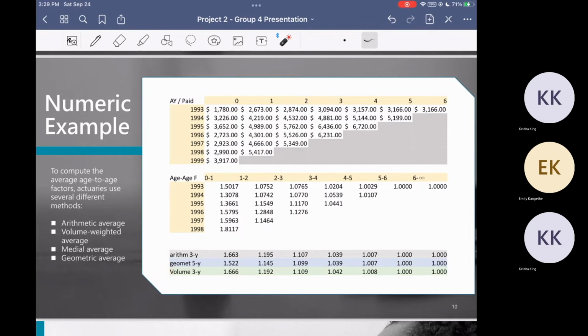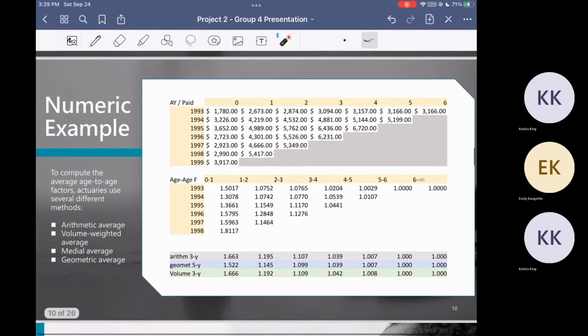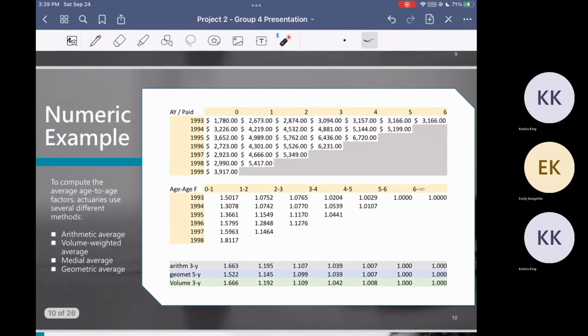These are basically the averages of 3 years or 5 years, depending on what you're looking for. Here we're looking for the 3-year average, and here the 5-year average. We did compute this example in class with the professor, so I would hope that you understood. If not, you can definitely leave some questions in the comments below.